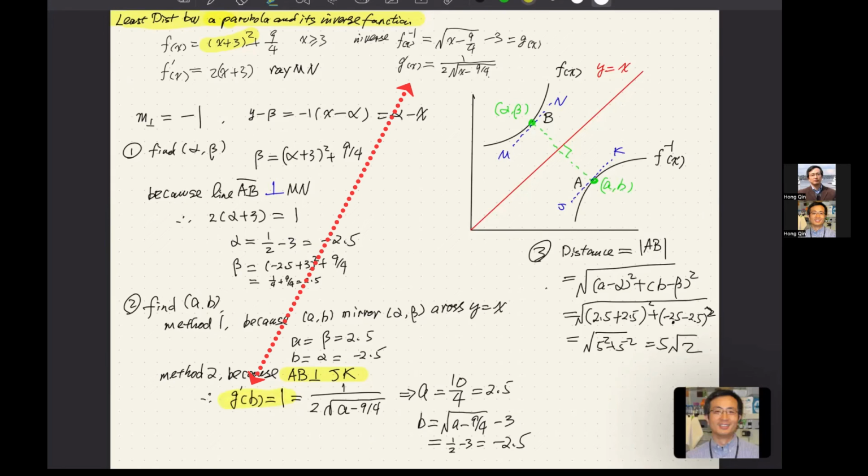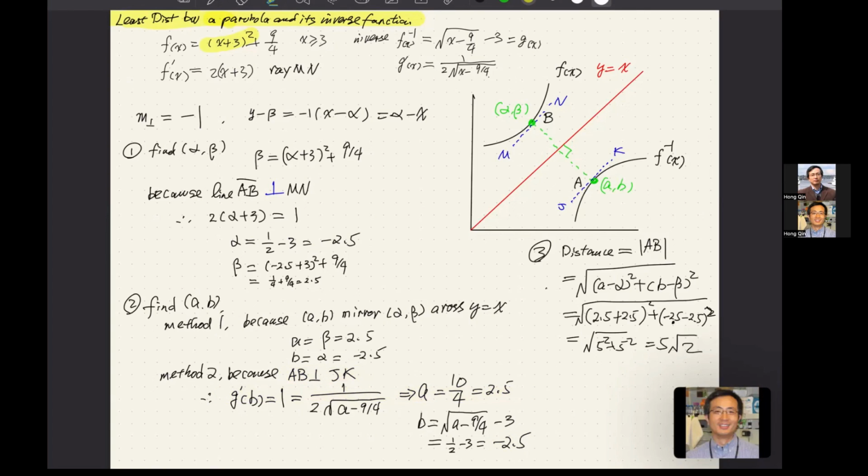The slope of JK is the derivative of the inverse function g(x) at this point. So by solving this equation, we can get a, and plug into the inverse function g(x), we can get b.